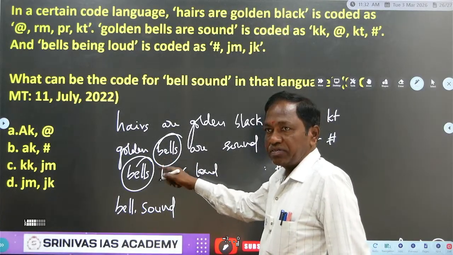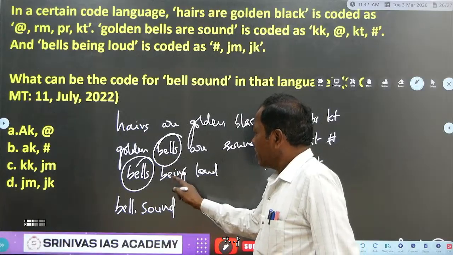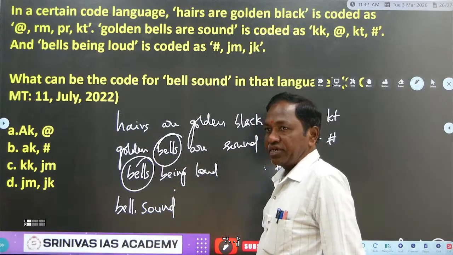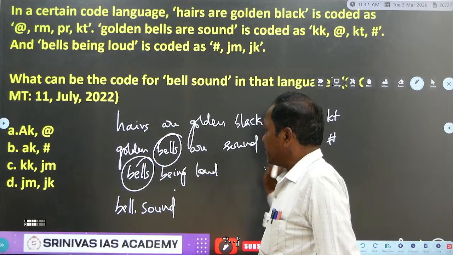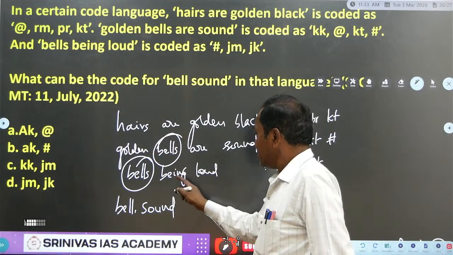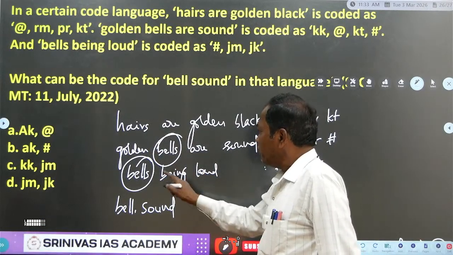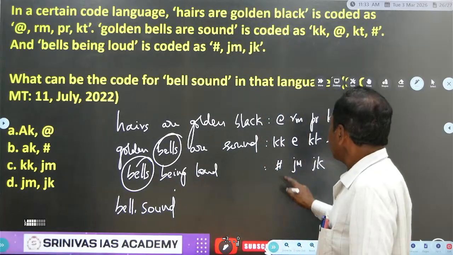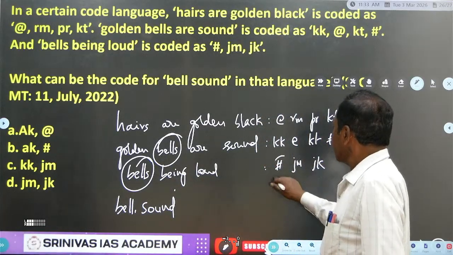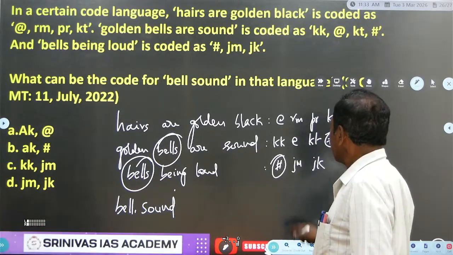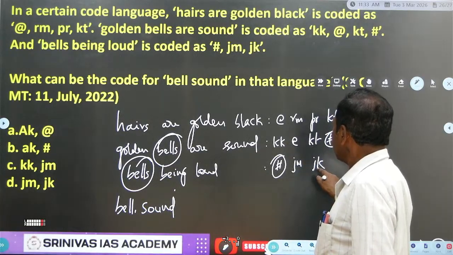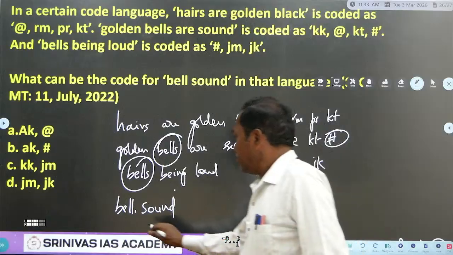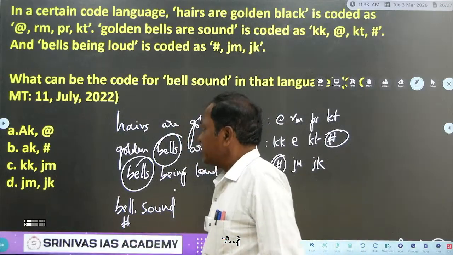Only one term is repeated. What is repeated here? You can see ASH. JM is not repeated, JK is not repeated. So bell means you can take ASH.